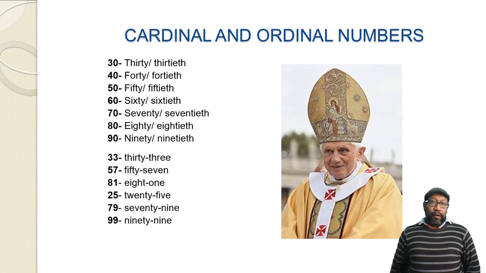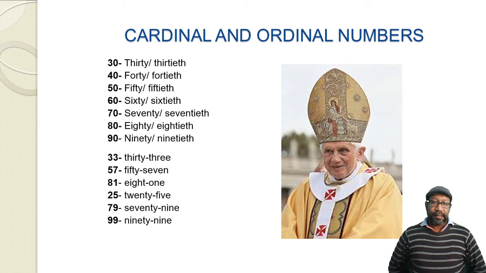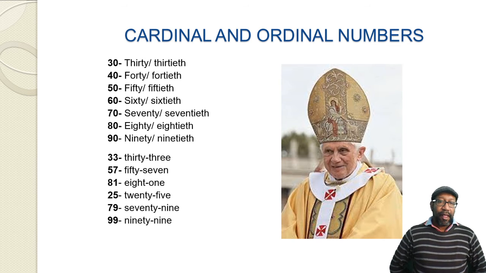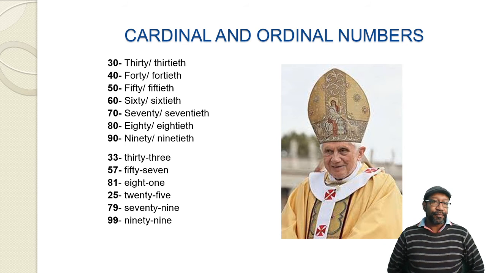We have here more cardinal and ordinal numbers, like for 30, 30th, 60, 60th, and so on. And then you have the numbers not just the whole tens, but for example, 33, 57, 81. They are all cardinals here.